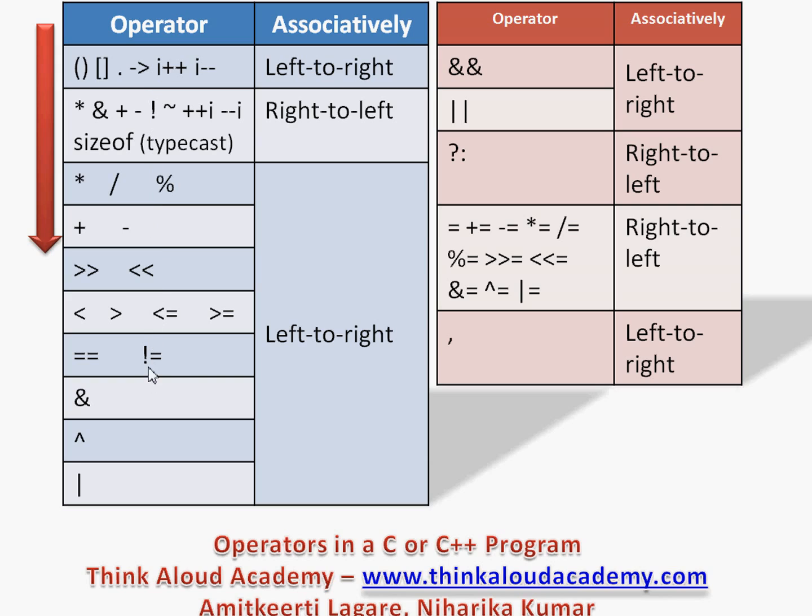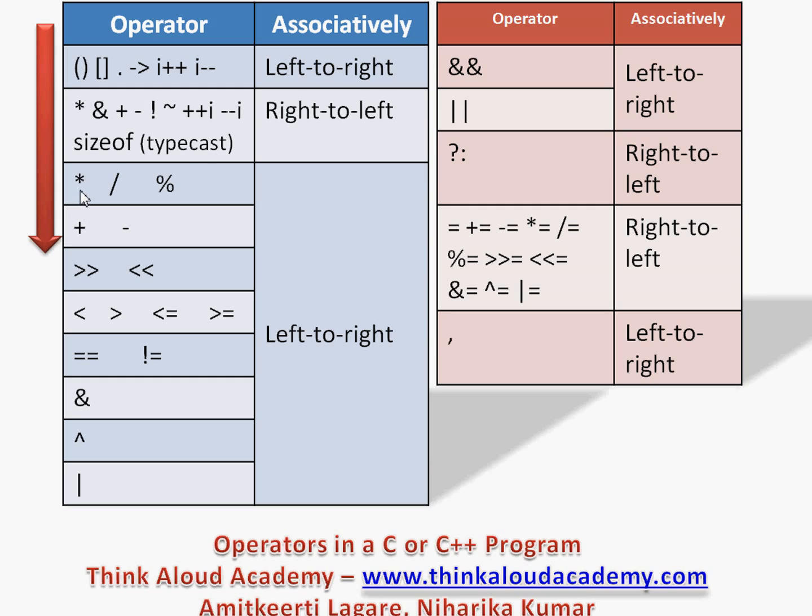As we go down the order, the priority of the operators keeps decreasing. So brackets, dot, arrow, i++ and i-- have the highest priority. Then the unary operators: star, ampersand, plus, minus, bang, ++i and --i, not, sizeof and typecast form the second level of operator priority.